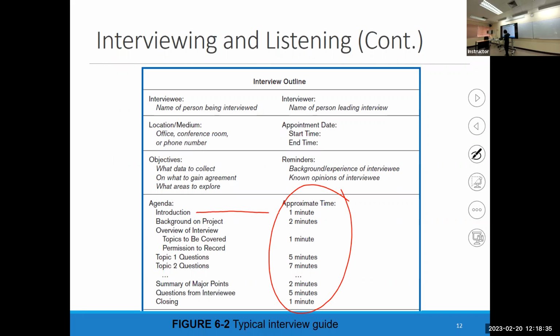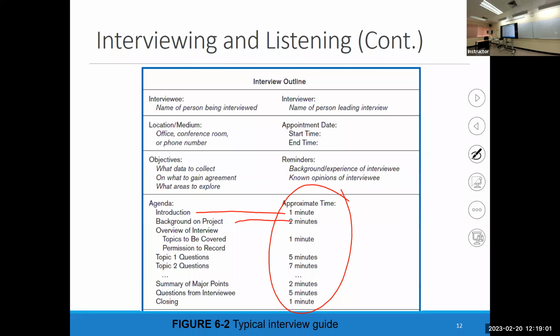You may need to give an introduction, the background of the project, not just get to the main point right away. You need to say, okay, we are here today, we are hired to do this project from AIT, and we want to know your feedback and input in terms of the new system we are developing.